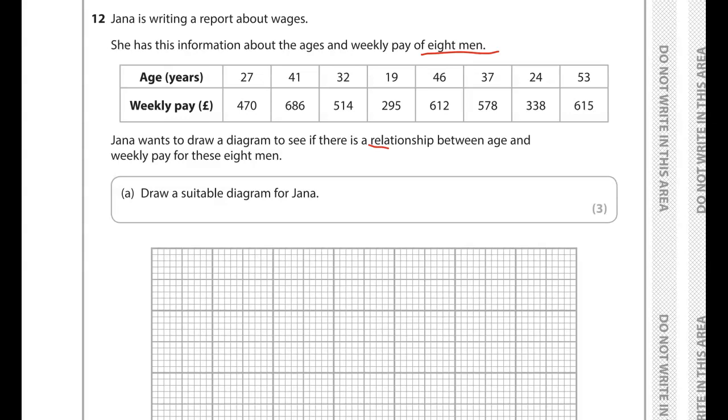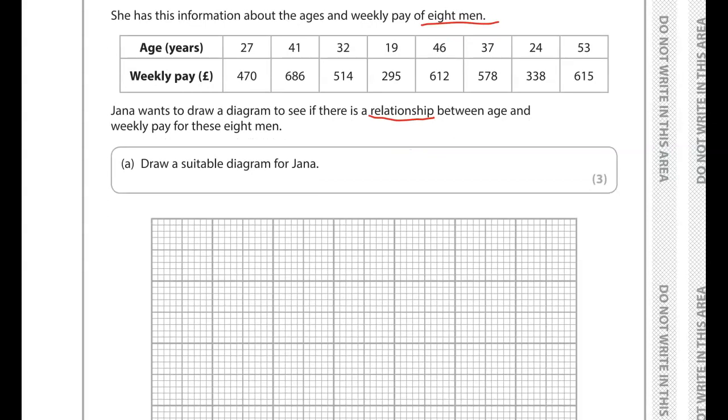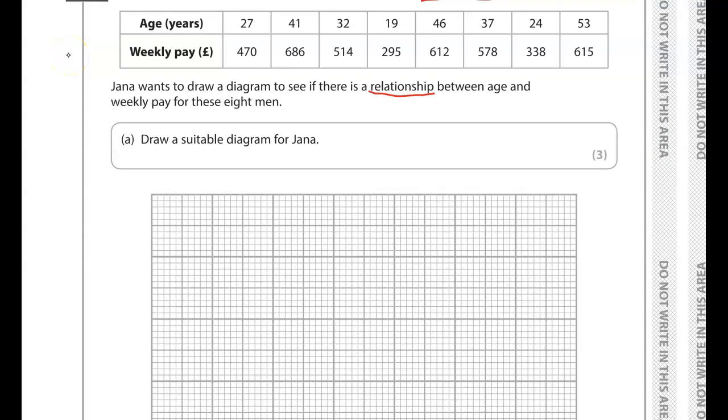Since we're looking at the relationship between 2 sets of data, we're going to draw a scatter diagram. So we'll project age horizontally and weekly pay vertically.